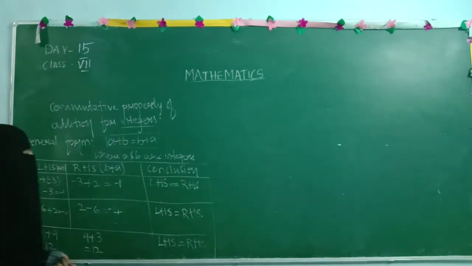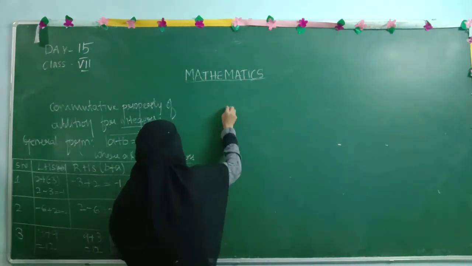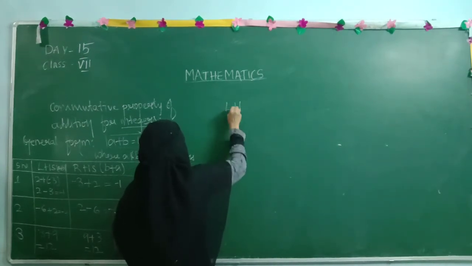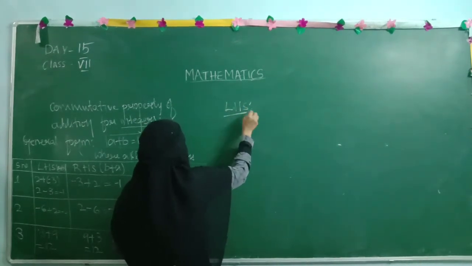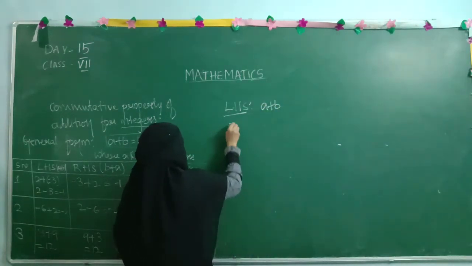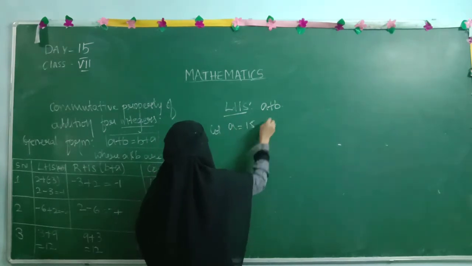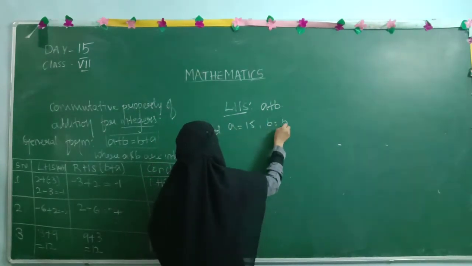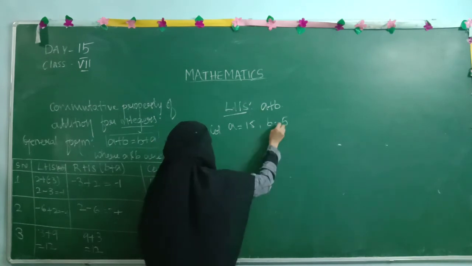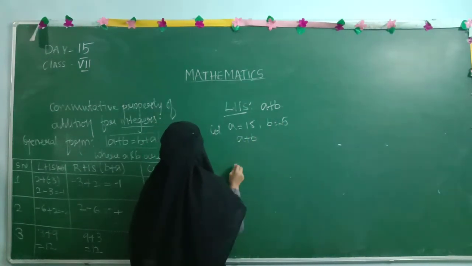This is the general form. Here also I will say, first the LHS part we will take. What is LHS? LHS is a plus b. You need to take a value. Let a equal 15, b equal to minus 5. So we need to perform a plus b.